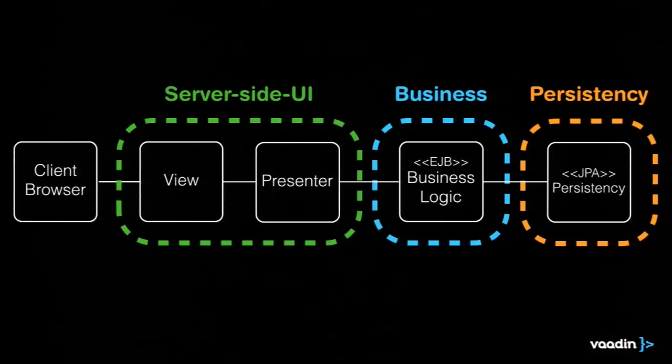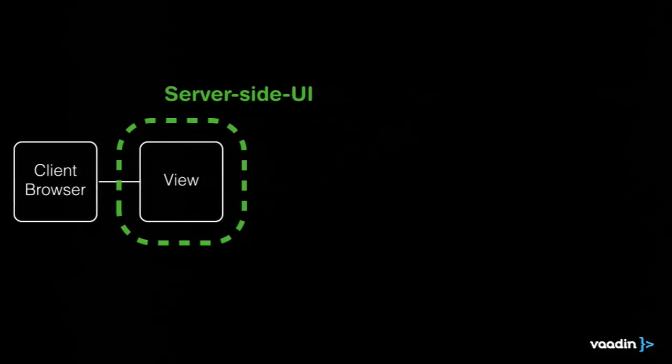So here you practically have the client browser, some kind of a server-side UI with the view and presenter forming the MVP triad, as well as an EJB-based business logic unit that can be deployed on some other server if so wanted. And this business logic will store data to the JPA persistency layer, or any kind of persistency that you want to use, not necessarily JPA.